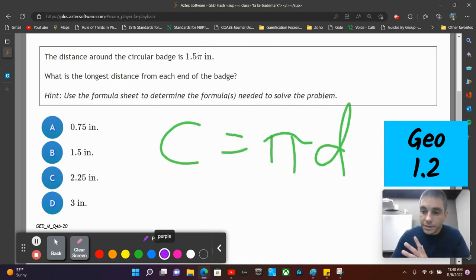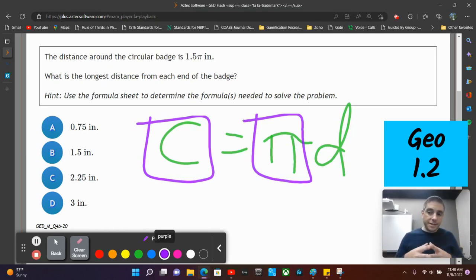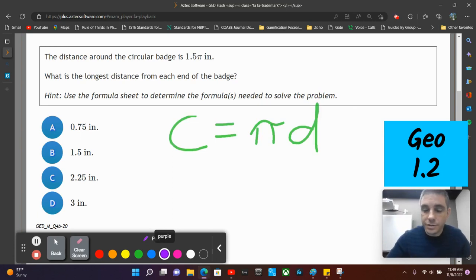We're ultimately going to take our circumference measurement and divide it by pi. So rather than multiplying things to get my total circumference, I'm going to take my total circumference and divide it by something to get the other component of it, in this case, diameter.